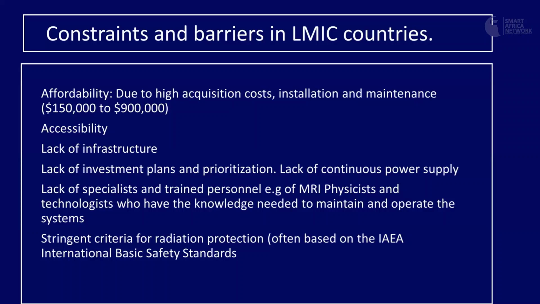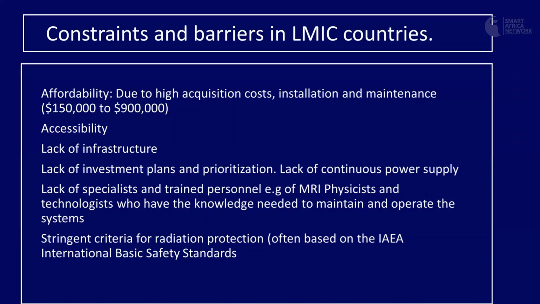So it reduces accessibility, lack of infrastructure. You can see this machine is not like an ultrasound machine. So it has a lot of components. So we need proper infrastructure for you to set up an MRI system. Lack of investment plans and prioritization, which is mostly what we suffer in low-income countries.